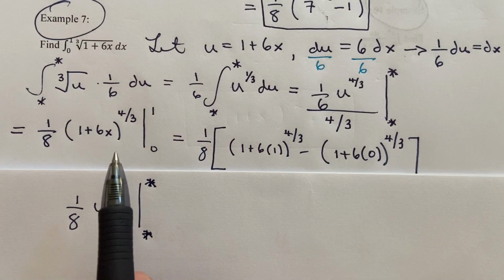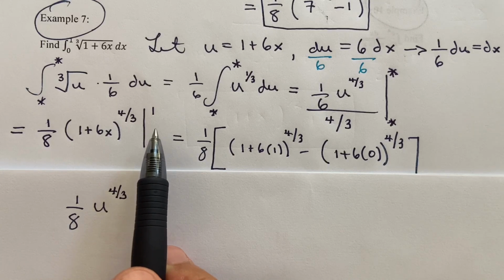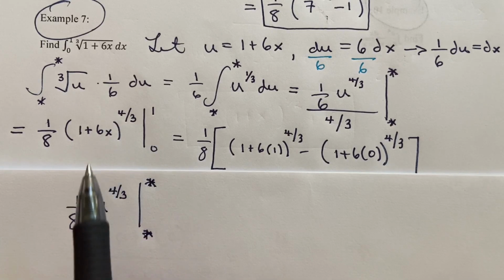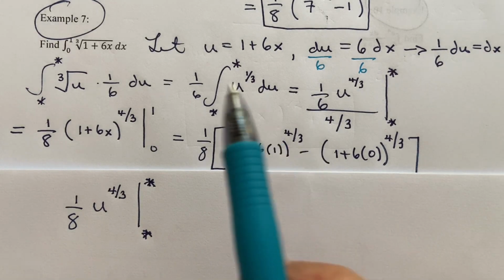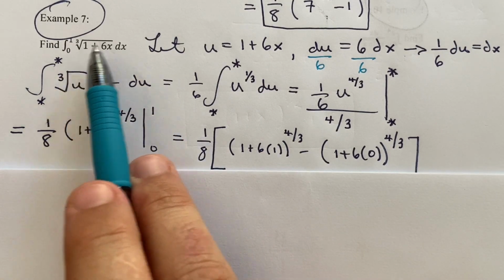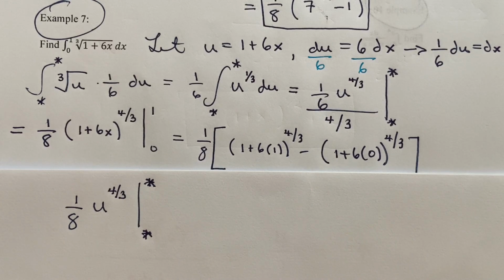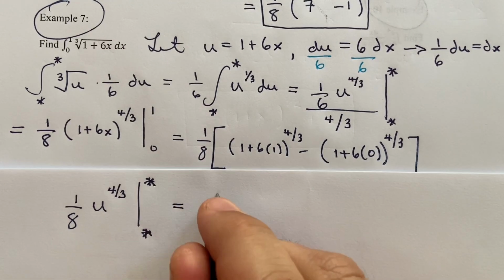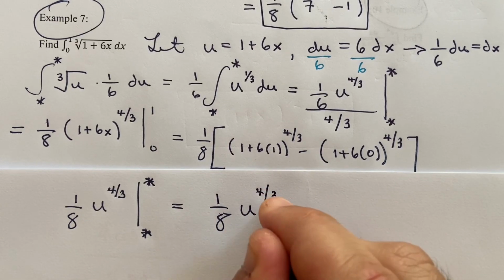So what I did do was I basically went back to x's. There is a workaround. You don't need to actually go back to the original variable. What you can do is plug in your limits to your substitution to define new limits. So what we want is to adjust this appropriately.